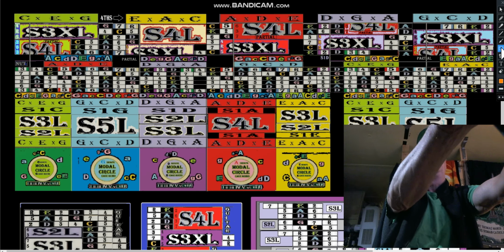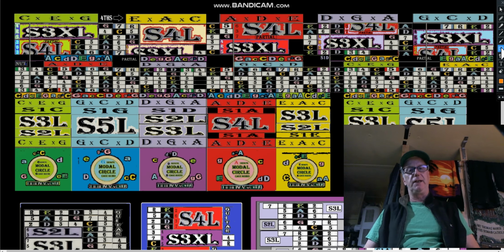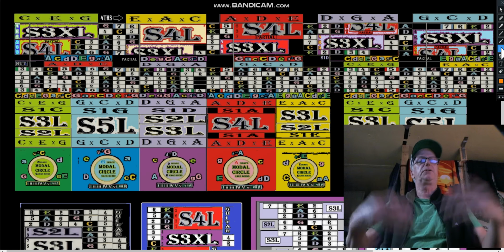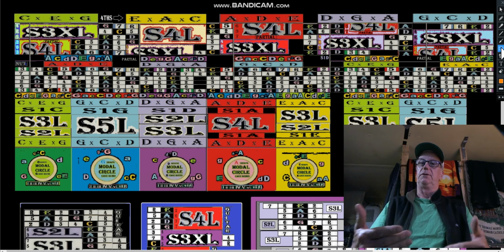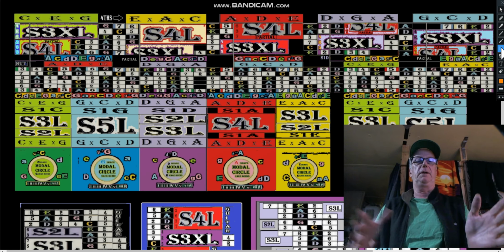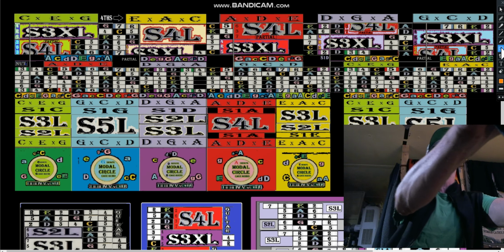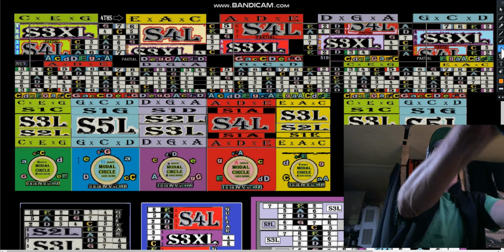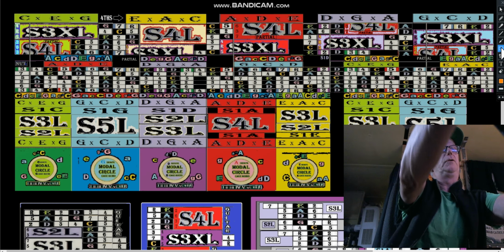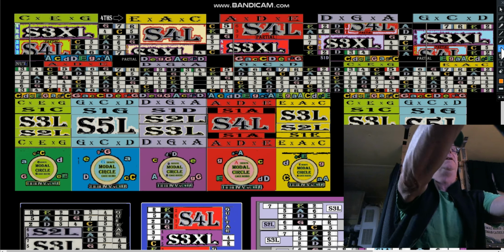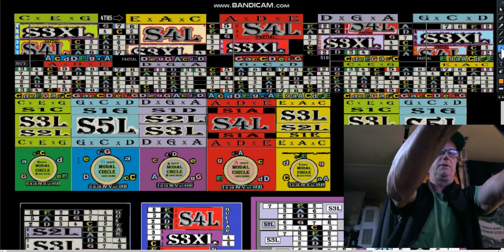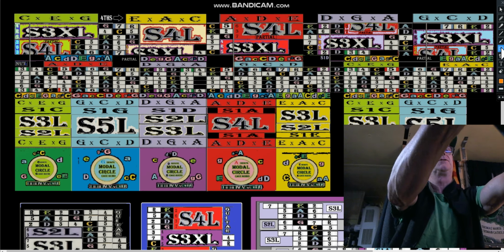That's the 5 keys of CAGED, and then each one of them can be transposed up chromatically. So C, you'd go to D flat, and D flat would go to D, which is one of the keys of CAGED. And then to E flat.